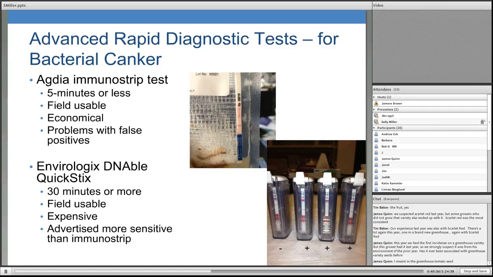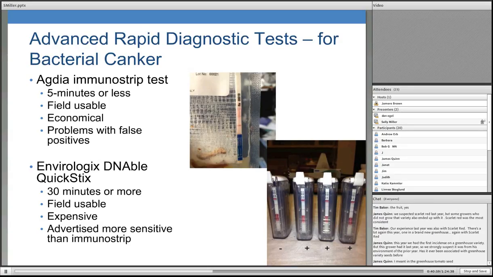It still can be used, I wouldn't say out in the hot sun because it takes a while and there are multiple steps, but you can do it inside a building in a room with just a table. You don't need anything special. Everything's provided. It is expensive, whereas the immunostrips can be as little as $5 apiece. Right now they're saying about $40 per test, which you see on the right there.